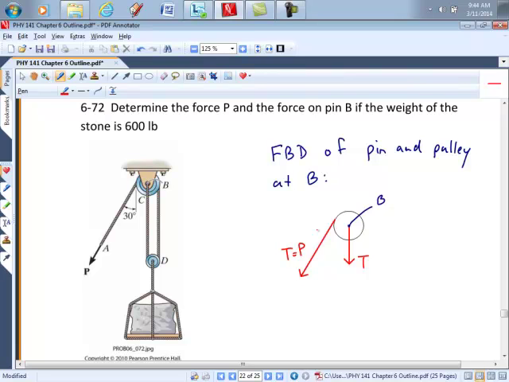Okay, what else? So here we've got another tension force. It's the same rope, so it's the same tension. All the pulleys are frictionless.